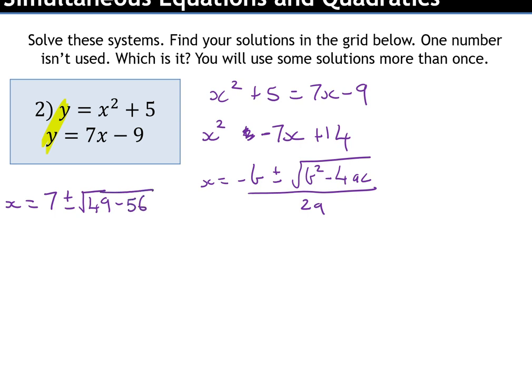Now, I'm just going to stop there. Straight away, I can see in the square root, which we call the discriminant, this part here is going to be a negative, which means there is no intercept.